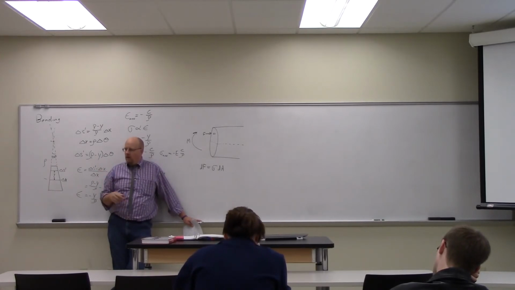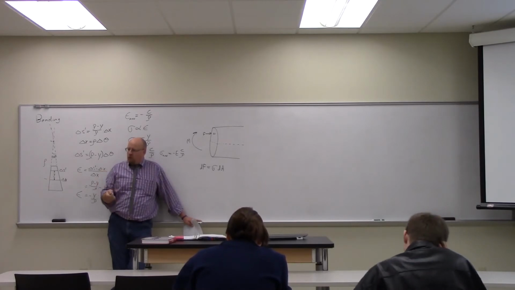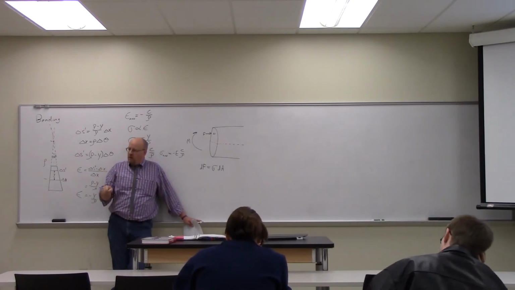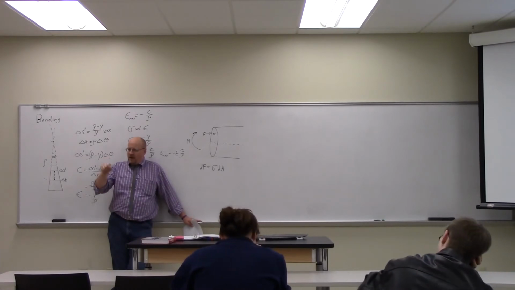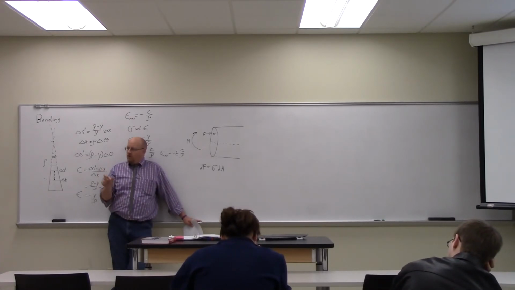But the macroscopic view on the bar is just a moment. There's no net force pushing upward. When I stick a screwdriver in a slot and twist it, I'm pushing down just as hard as I'm pushing up. I'm not actually applying any net force. But it's a force couple: two forces equal and opposite in direction, separated by a distance. So there's a force couple, which is an applied moment. Does that kind of make sense?